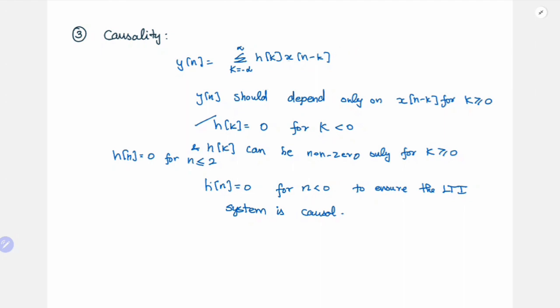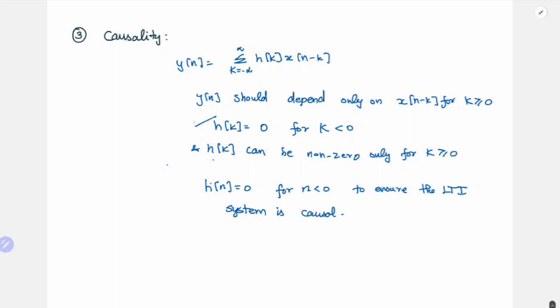It is still depending on only the past values. Okay? So that's what I mean by it can be non-zero only for k greater than or equal to 0. But necessarily for k less than 0, h of k should be 0.